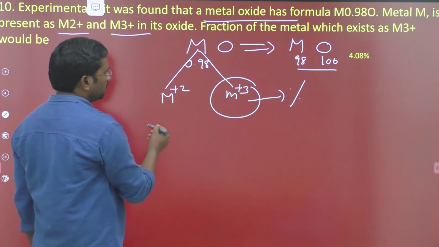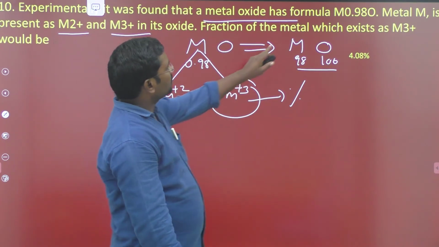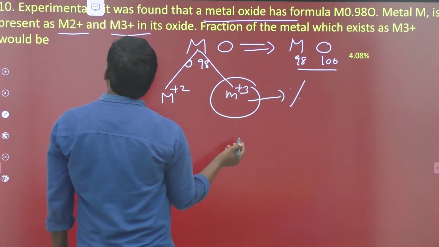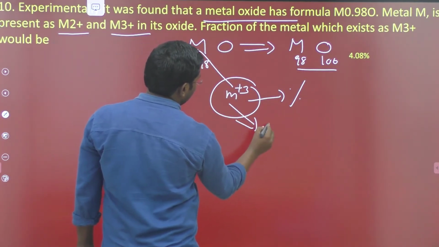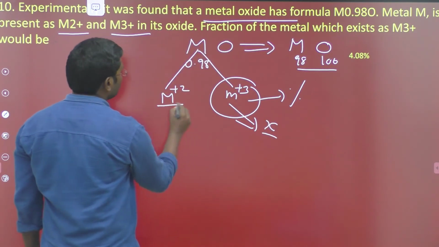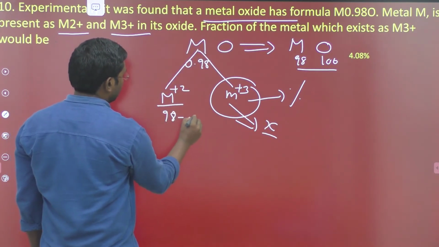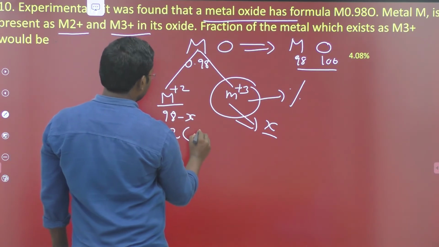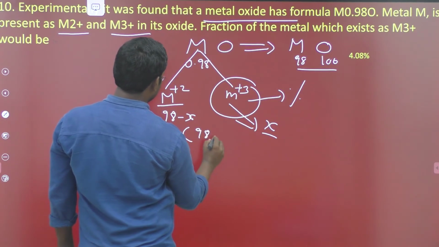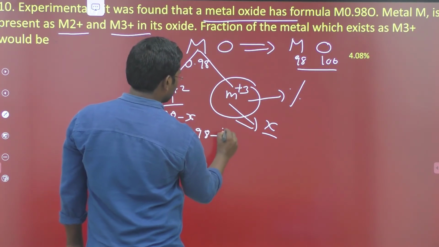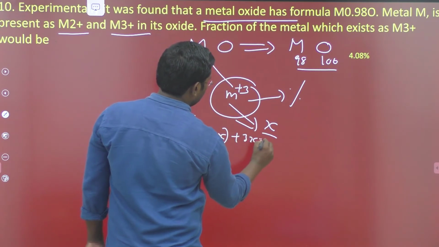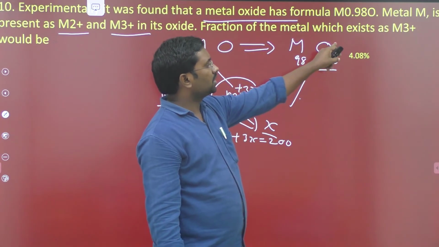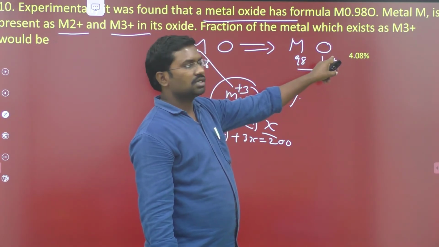To calculate the fraction of the metal which is existing as M plus 3 ion, we take M plus 3 as X percentage, and M plus 2 will be 98 minus X. To neutralize this compound, 2 into 98 minus X plus 3X is equal to 200. 200 means it is neutral, since the charge on the oxide ion is minus 2, so 100 oxide ions give minus 200.